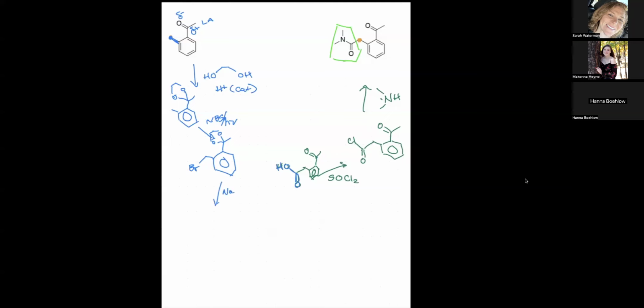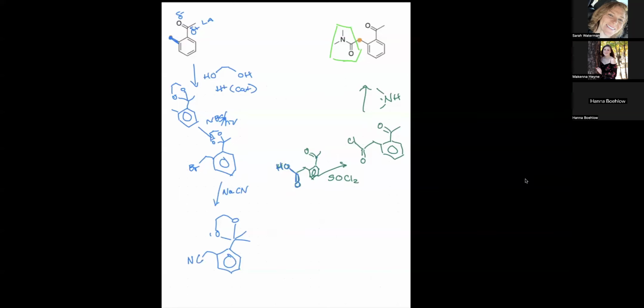So the step that I missed was the protection. Yeah, that makes sense. It's tricky. So let's just say we do the NaCN. We've got our phenyl group, and then there's CN there.